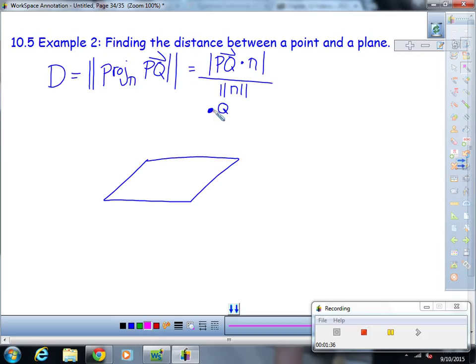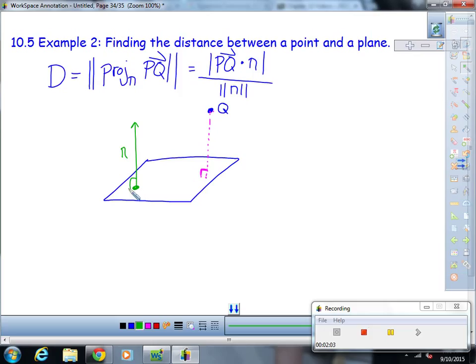Well, remember that when we measure distance, distance is defined in geometry as the shortest possible measurement between two objects. So that's what we're looking for right there. Now, if you remember, this plane is defined by some normal vector that is orthogonal to the plane.